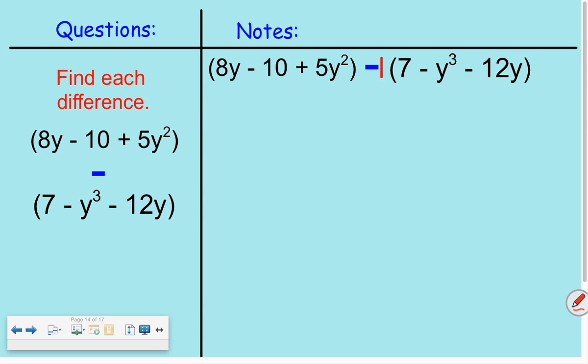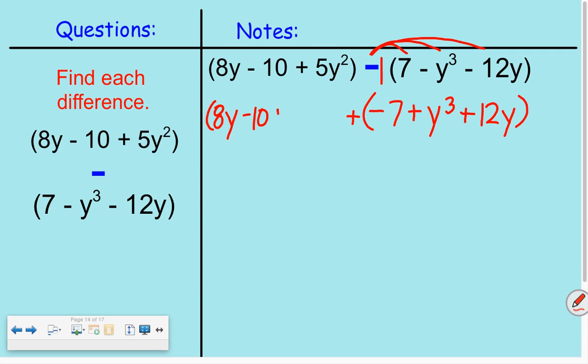Distribute negative 1. Bring down my first parenthesis. Y and 12y make 20y.